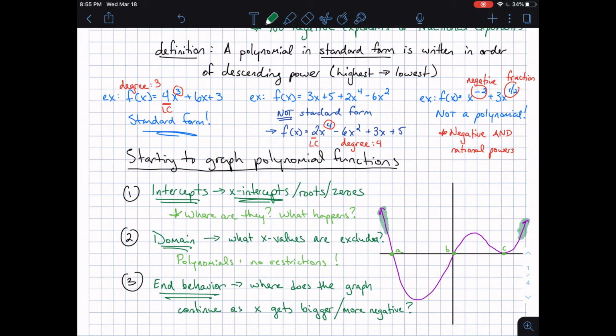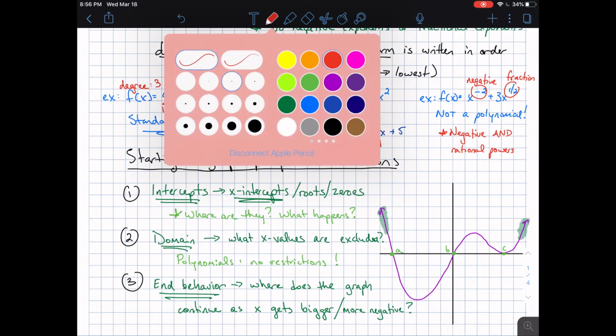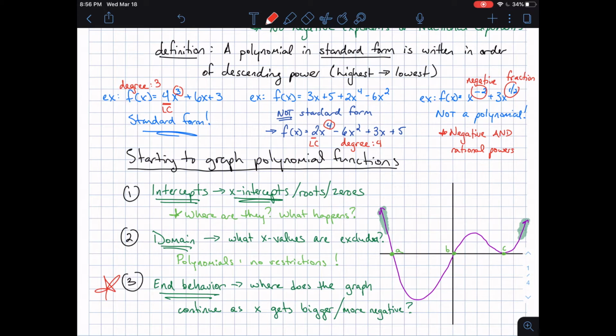That's a large negative number, right? If I'm $1 million in debt, that is not a small debt, right? So as x gets bigger and bigger and bigger, or as it gets bigger but it gets negative, right? So like negative 1 million, my example from before. And so for this section, we're going to focus right here. We're going to focus on end behavior.